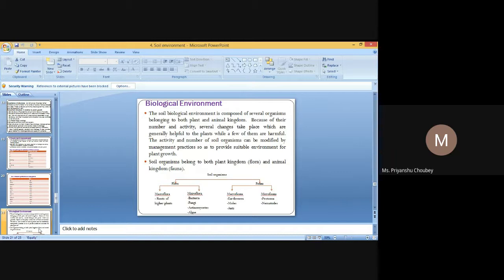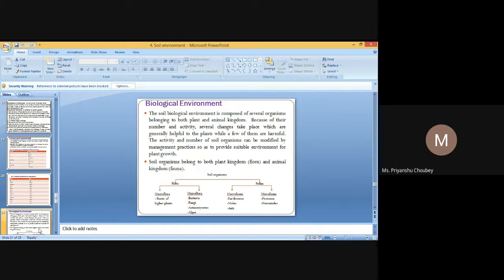Soil organisms belong to both the plant kingdom, flora, and the animal kingdom, fauna. So this table shows the flora and fauna kingdoms. Soil organisms: the first one is flora, and the second one is fauna. Flora is again divided into two forms, macroflora and microflora.